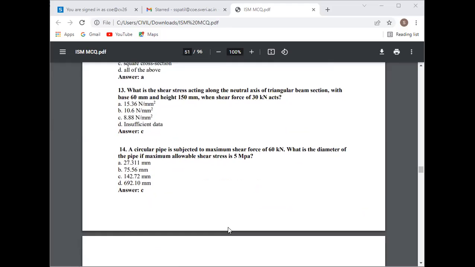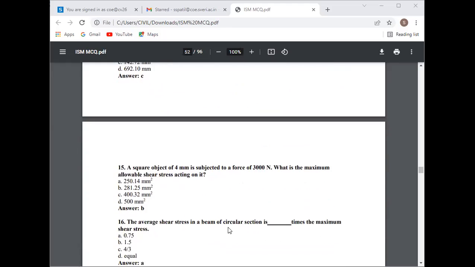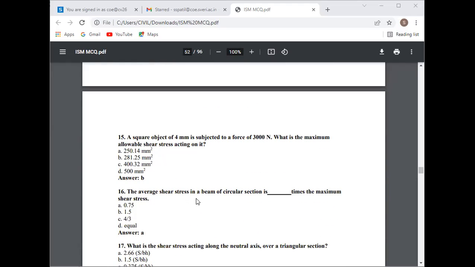Then we will see some theoretical questions, so you will get idea. Okay, the average shear stress in a beam of circular section is dash dash times the maximum shear stress. बघा आता इथे क्वेश्चन कसा विचारला, average shear stress in the circular section. So what is our basic equation? Tau max is 4 by 3 times tau average.